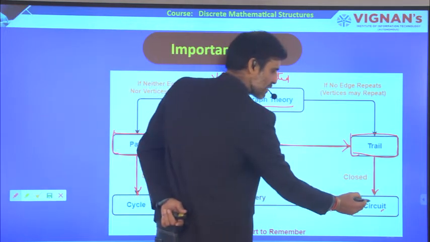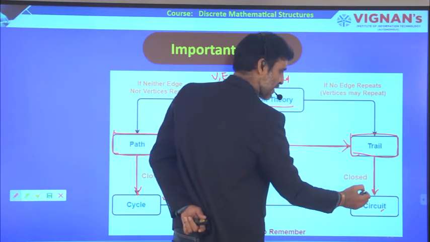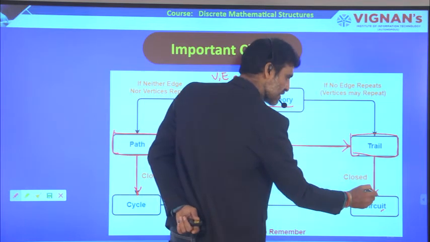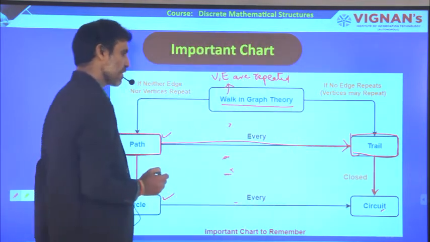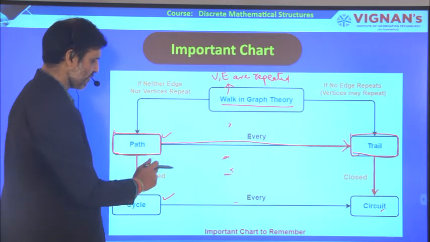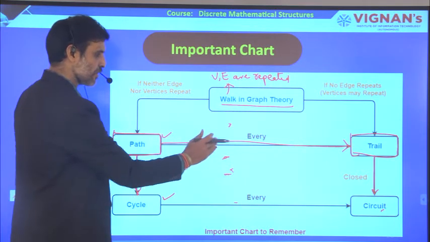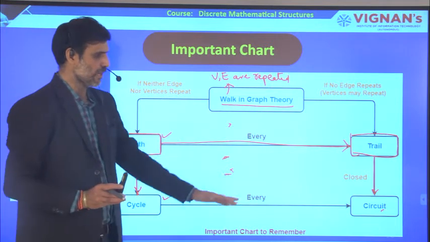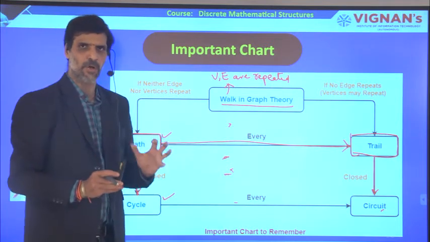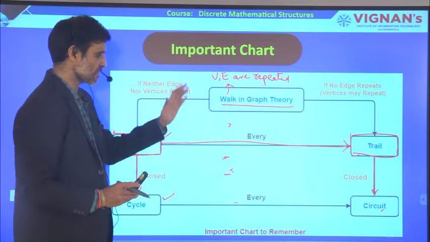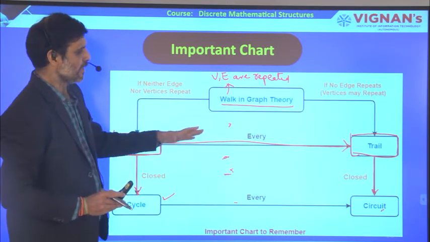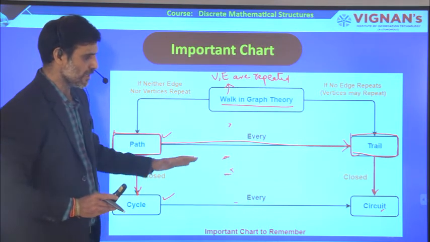But in a circuit, the start vertex and end vertex are repeated and the intermediate vertices may also be repeated. Therefore, every cycle is a circuit, but a circuit need not be a cycle. With this figure, all the definitions we have discussed till now come together, and you can understand them very easily by looking at it.